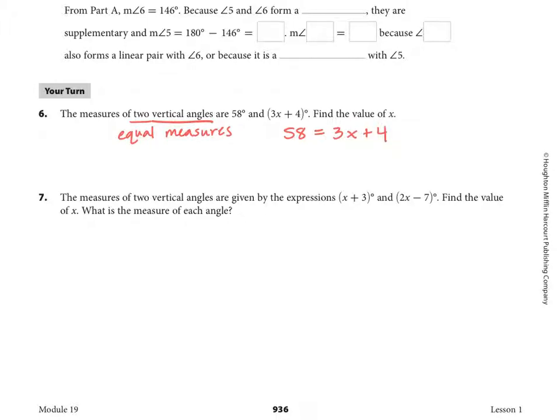So 3x plus 4 has to be 58. We just solve this. Subtract 4 on both sides. I get 54 equals 3x, and divide both sides by 3, so x is 18, and we're done.